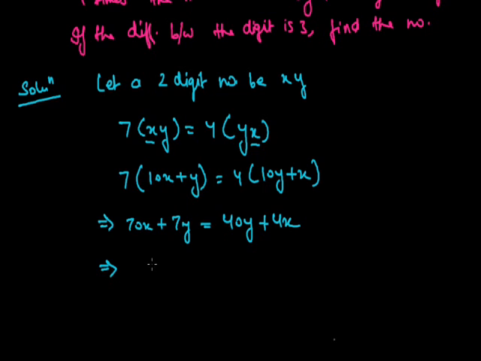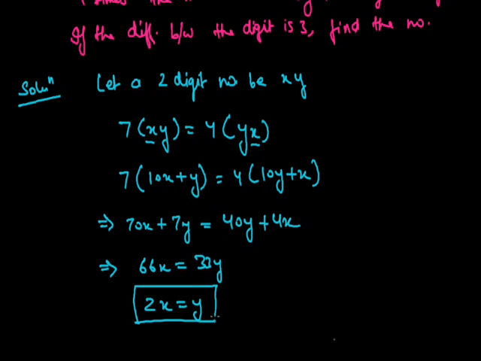Now if I simplify it, I will take x on one side of the equation and y on the other side, that is 70x minus 4x. It means I am shifting 4x to the left hand side and 7y to the right hand side. So I will get 70x minus 4x, that is 66x, is equal to 40y minus 7y, that is 33y. So accordingly 2x is equal to y.